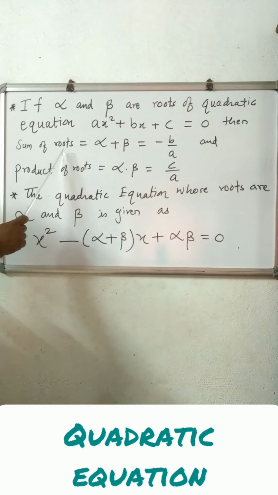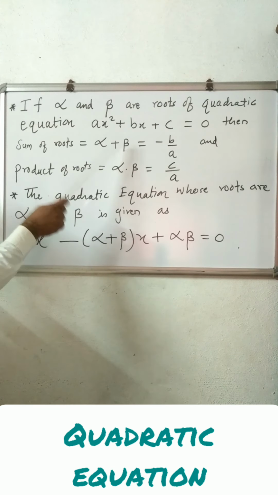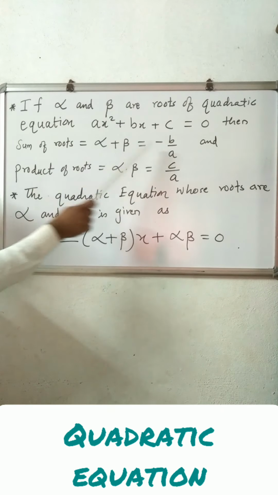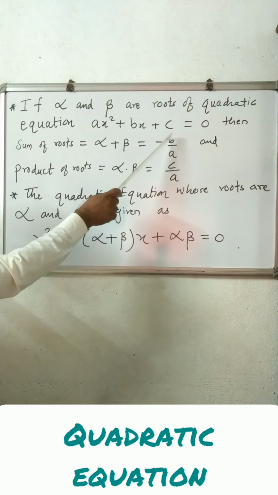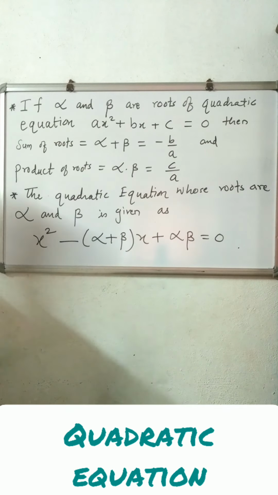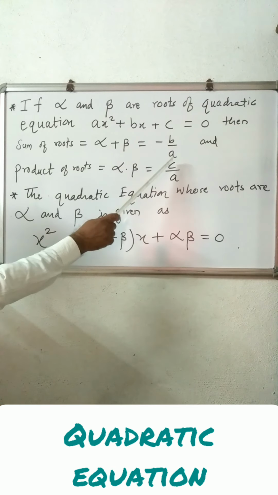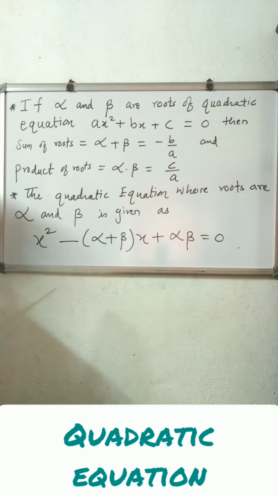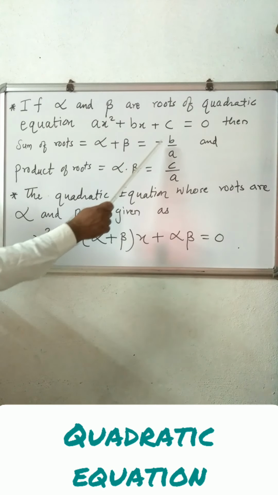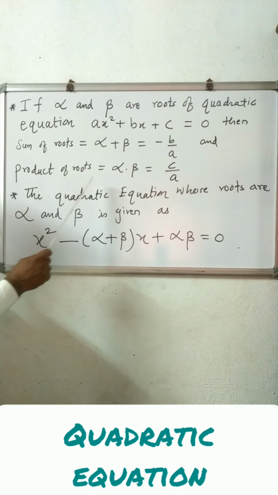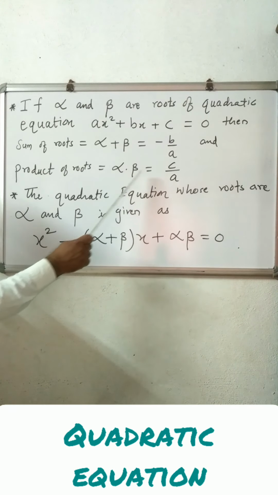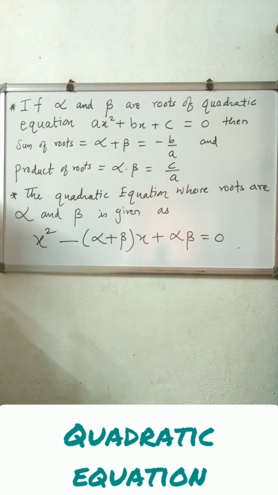Sum of the roots, alpha plus beta, is equal to minus b upon a, and product of roots, alpha into beta, is equal to c upon a. These are the two formulas. If alpha and beta are the roots of quadratic equation, then sum of the roots alpha plus beta is minus b upon a and product of roots alpha into beta is c upon a.